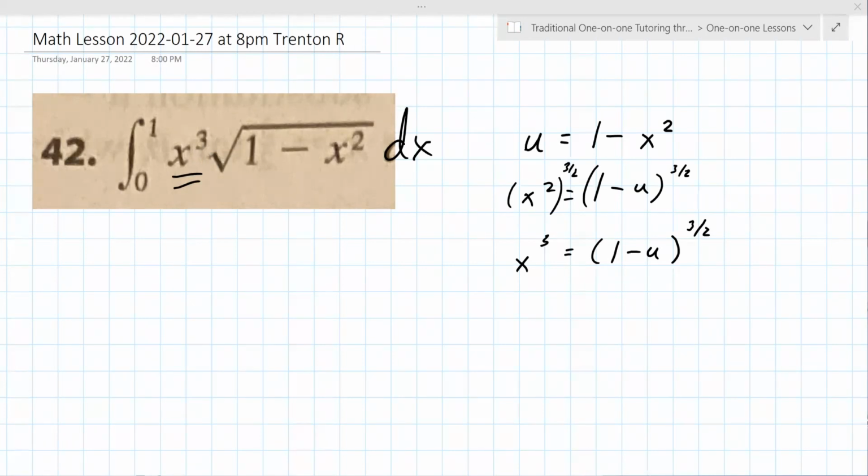So the substitution here is u equals 1 minus x squared. I'm looking at a solution online, and that is what they get here. But for this problem, we just did trig substitution.